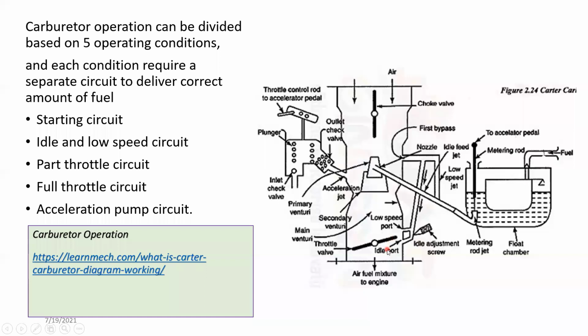To do that, carburetors have 2 opening holes like this. If you can see here, the throttle never closes completely. It goes to about a 5 degree position, so air and fuel can still go around it. There's a small gap around it.